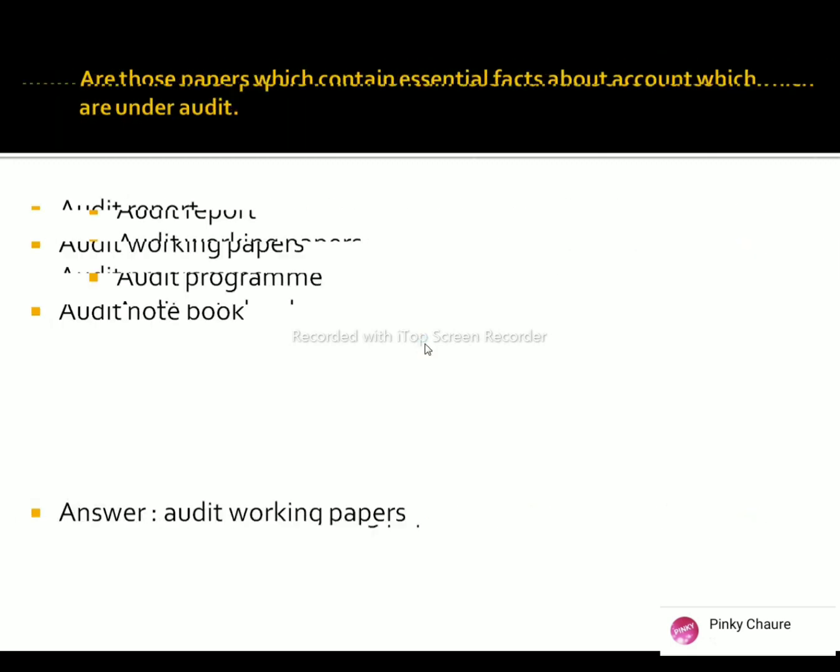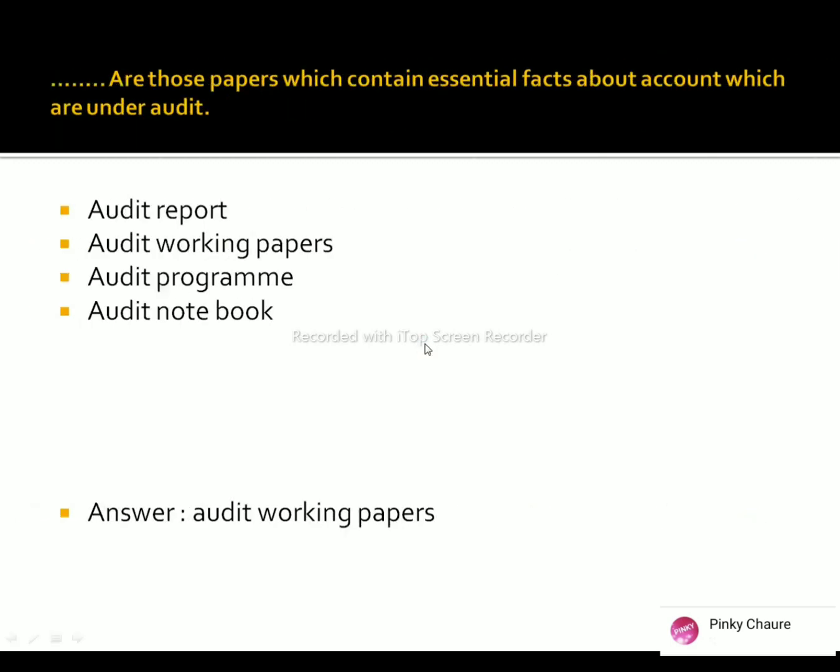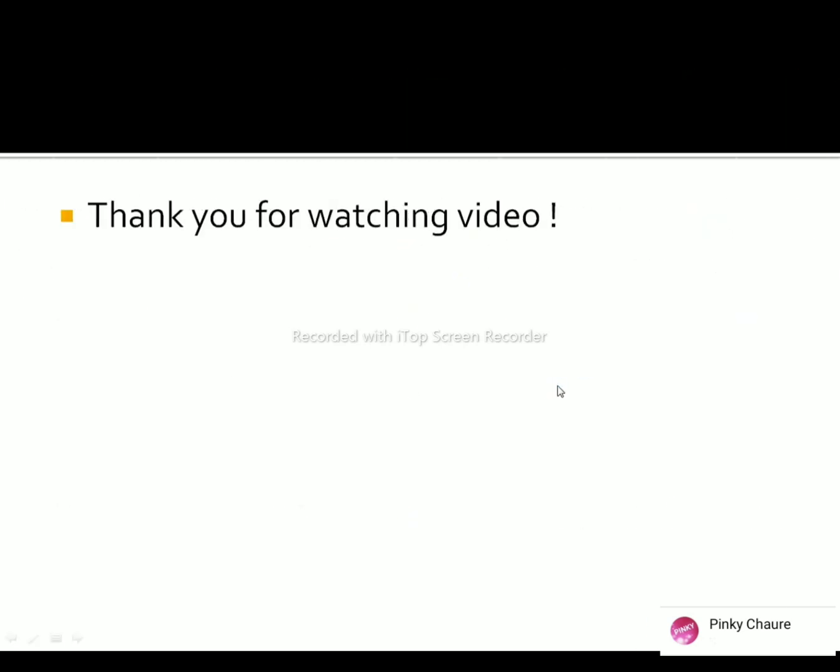Answer is audit notebook. Dash are those papers which contain essential facts about accounts which are under audit. Option is audit report, audit working papers, audit program, audit notebook. Answer is audit working papers.